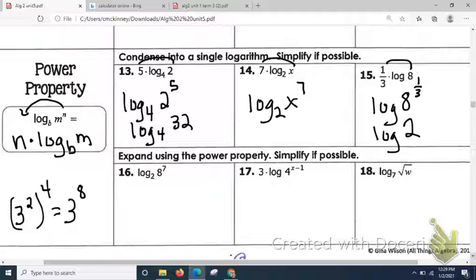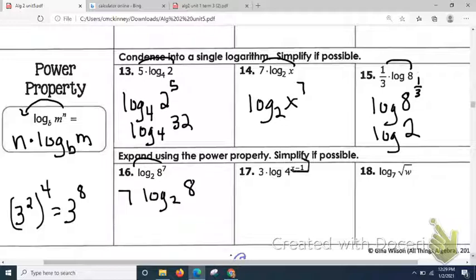So when we're expanding, we're taking the exponents off. The exponents are moving to the front. So the 7 moves to the front. And that would be the expanding part. Now, I could also do more with this to evaluate it and simplify, but right now we're just going to worry about the expanding part.